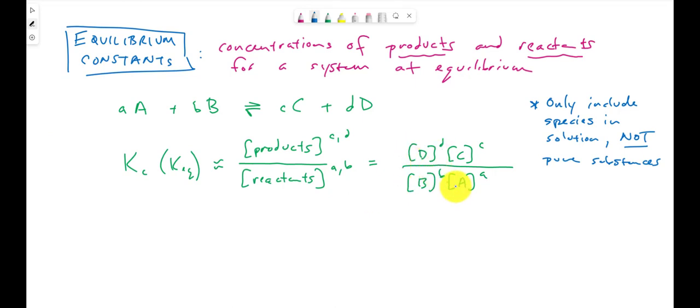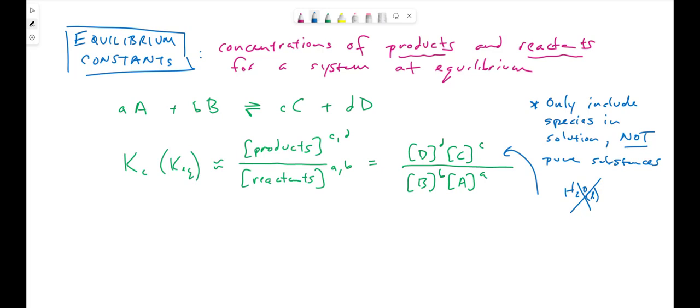When we start to talk about specific things, we only want to include those species in the equilibrium constant expression that are in solution, not anything that's a pure substance. If you saw something like pure water, those are pure. Those don't have concentrations, so they're not relevant in finding what that equilibrium balance is going to be. So we don't include pure substances.